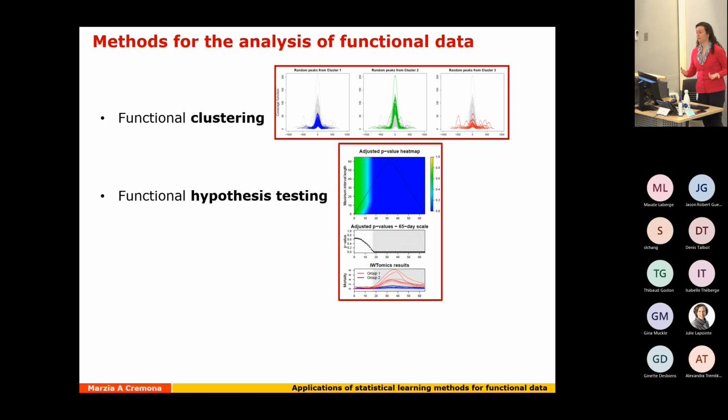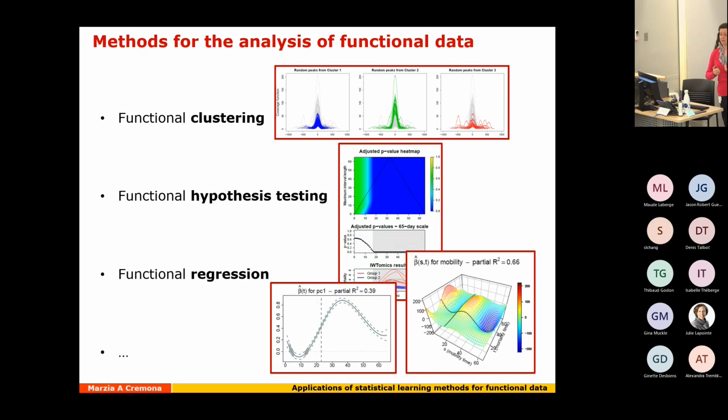We can also do hypothesis tests. For example, if we have two groups, we can test for differences between the two groups, looking at the shape of the curves. Or we have regression models to try to understand the correlation between different sets of curves, or sets of curves versus some scalar measurement.